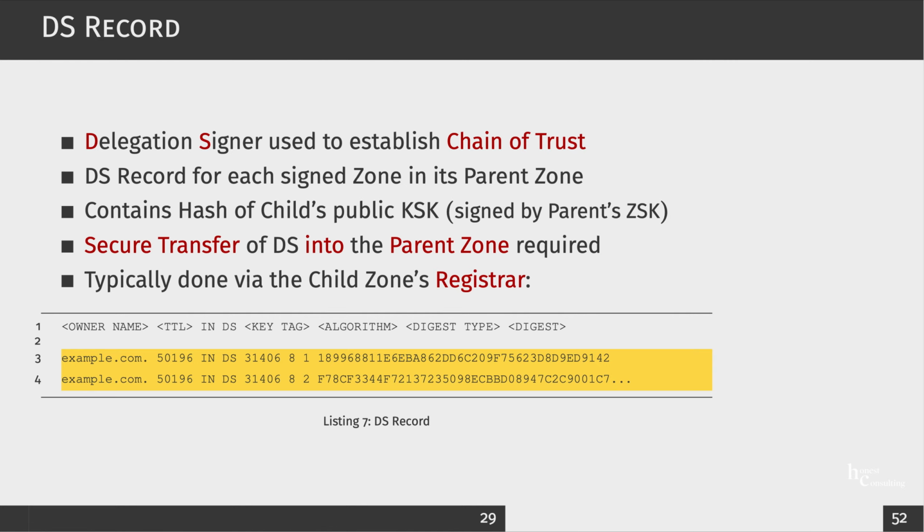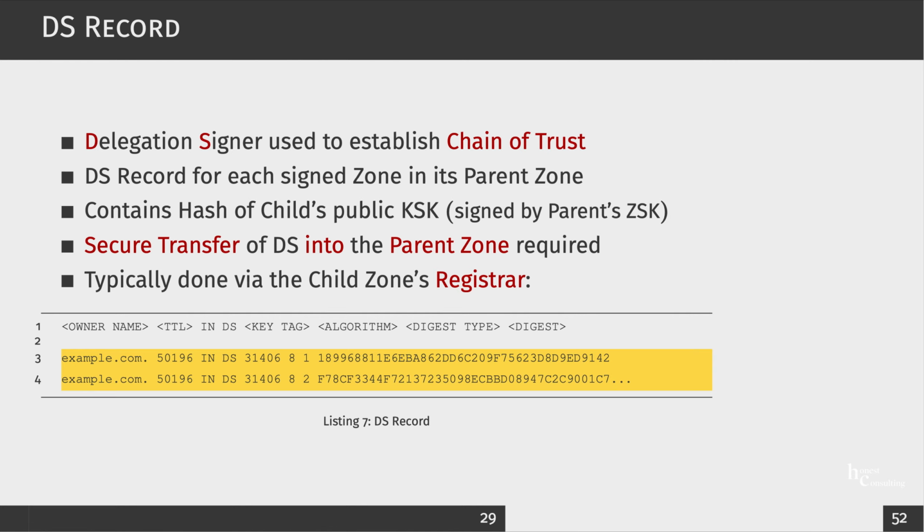A huge problem here is that this delegation signer has to be installed in the parent zone in some way. So it's very critical that you use a secure transfer mechanism to bring such a delegation signer to your parent zone. So sometimes you can do this over an encrypted portal.